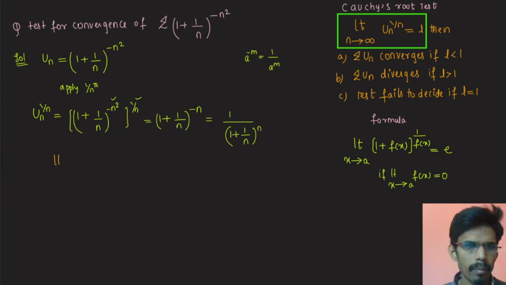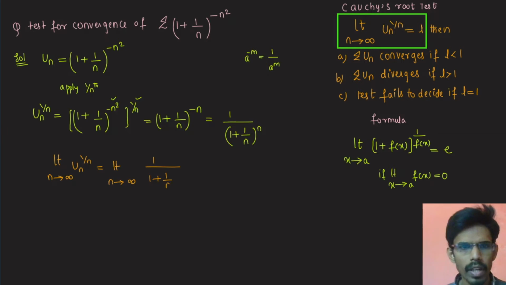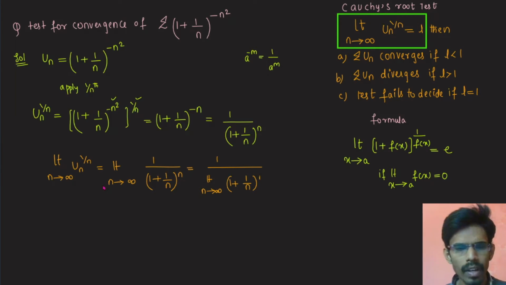So here I have limit n tends to infinity of un power 1 by n is equal to limit n tends to infinity of 1 by 1 plus 1 by n whole power of n. Now see here, with this limit, this can also be written as 1 by limit to the denominator 1 plus 1 by n whole power of n.